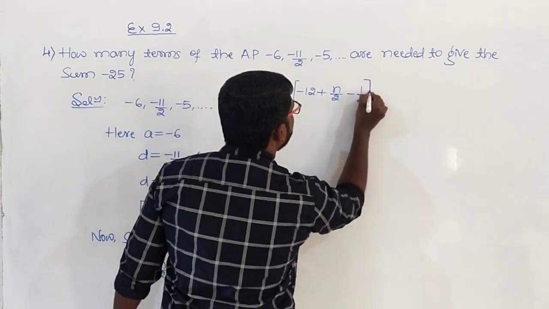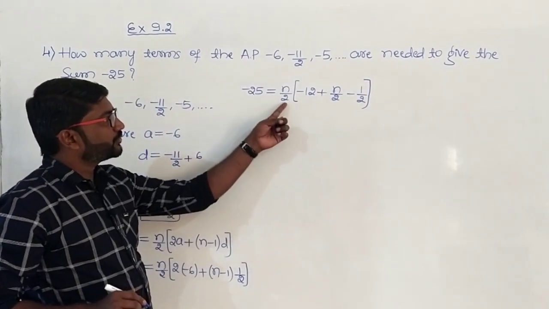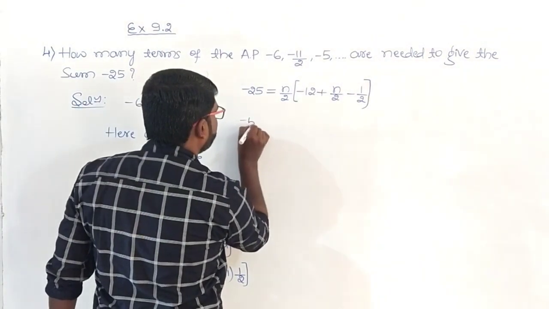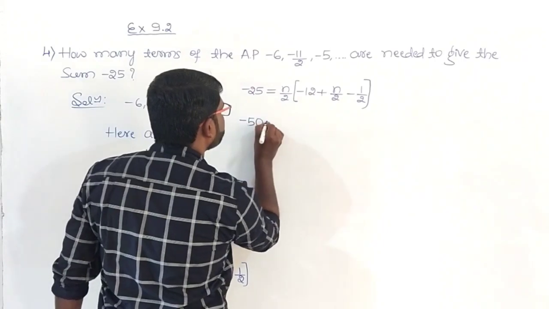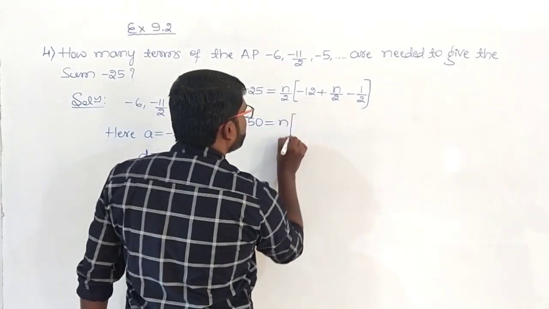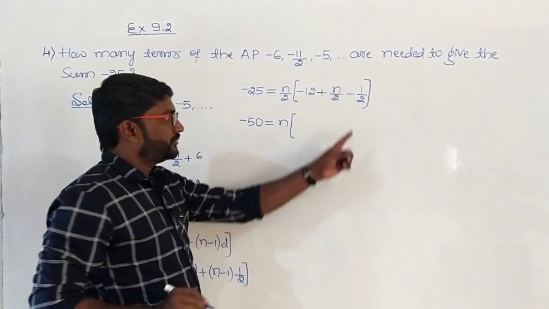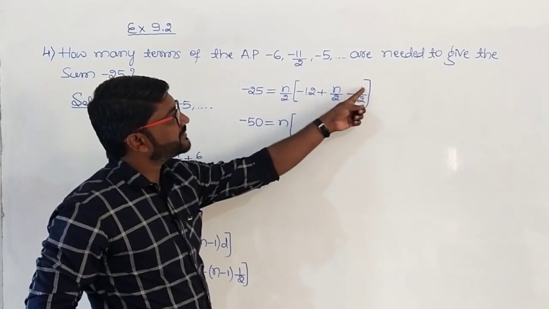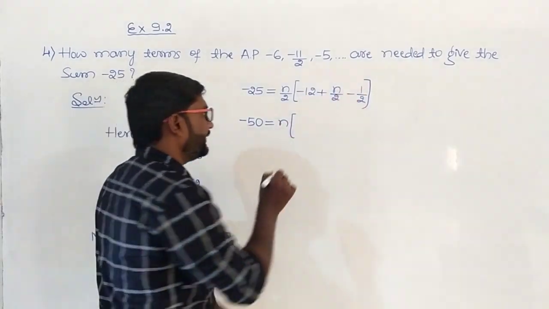So now in the next step you take 2 to the LHS, it will be multiplied with minus 25. So you get minus 50. Minus 50 is equal to n. Inside the bracket simplify these two terms now. Multiply 2 with this, you get minus 24. Minus 24 minus 1 will be minus 25 divided by 2.